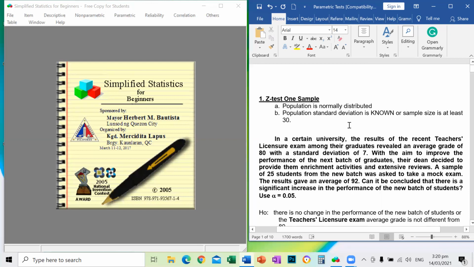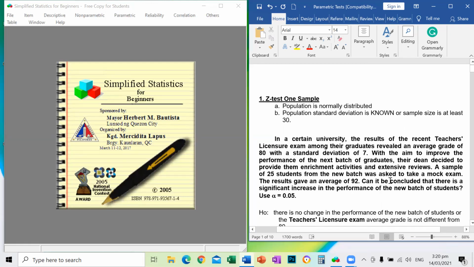The criteria in applying Z-test one sample is population standard deviation is known or sample size is at least 30. With the conjunction or, you only have to satisfy one of the conditions. We already satisfied the first one. So it's okay even if the sample size is less than 30, because the population standard deviation is given. Only one of these needs to be satisfied.